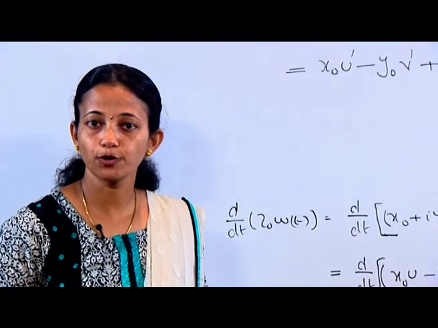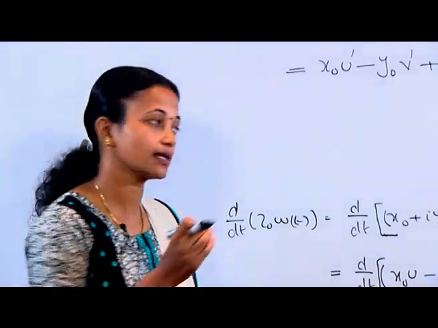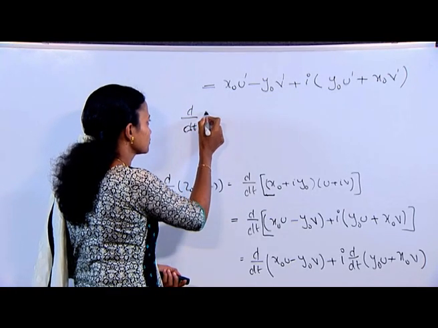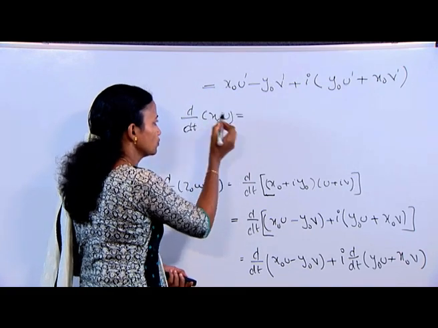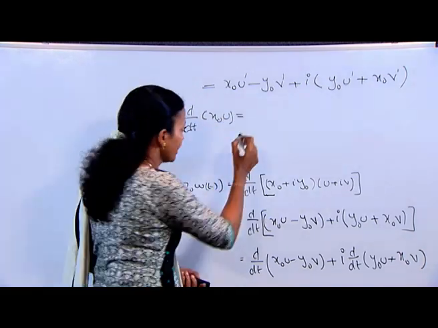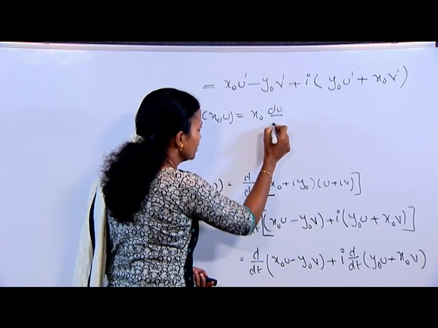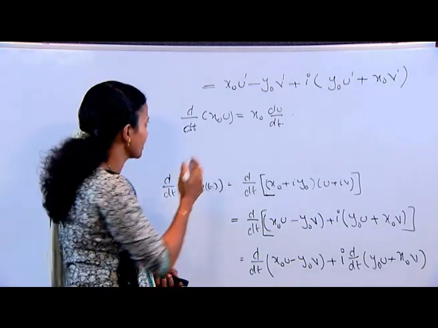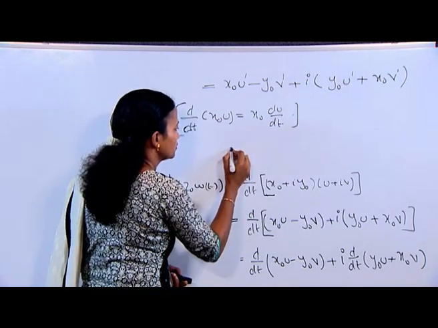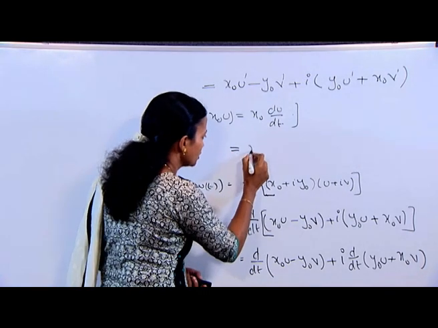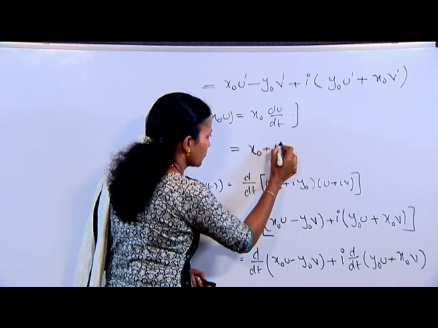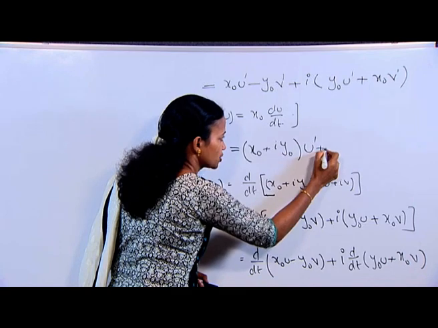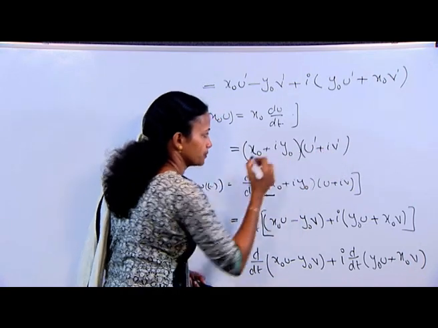Since for the real valued function u and the real constant x0, d by dt of x0 u can be written as x0 into du by dt, and so on, we can write this as x0 plus i y0 into u dash plus i v dash.